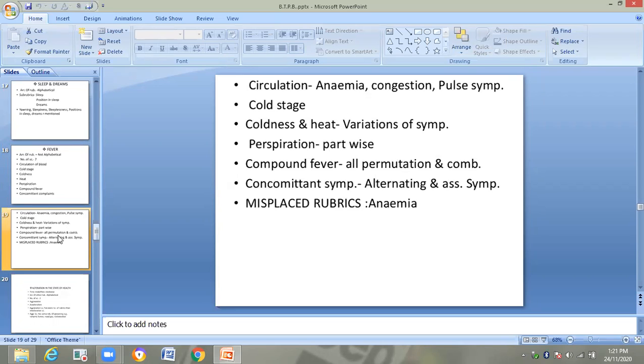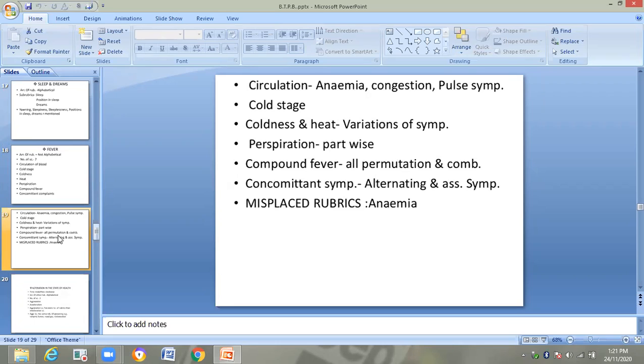Circulation includes anemia, congestion, pulse symptoms. Then cold stage, coldness and heat give variations of symptoms. Perspiration was given part-wise.